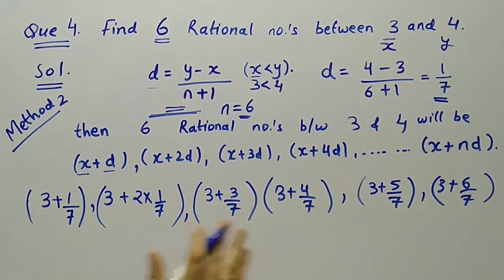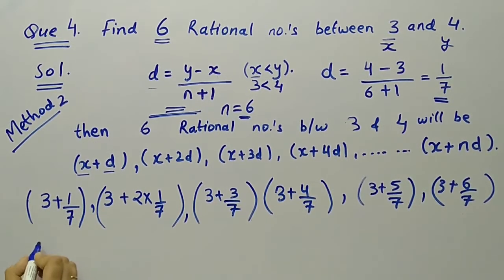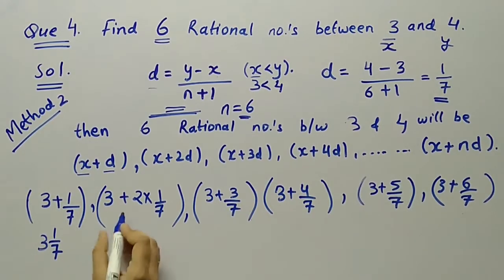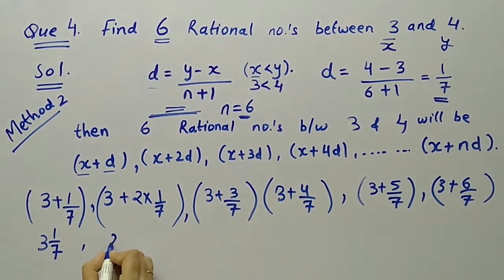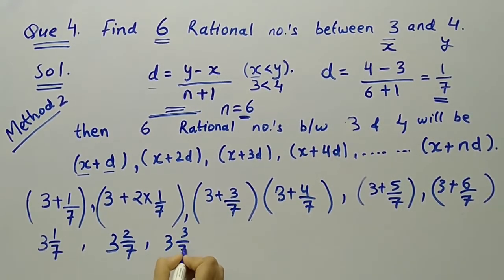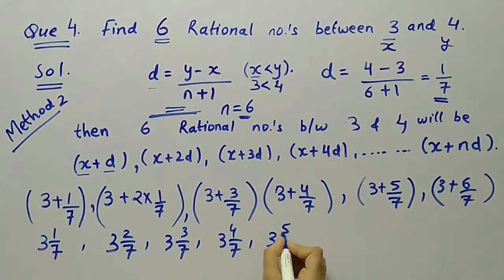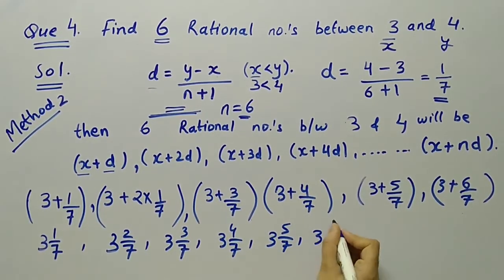So now we will solve. 3 plus 1 by 7 is equal to 3 1 by 7. 3 plus 2 by 7 is equal to 3 2 by 7. 3 3 by 7, 3 4 by 7, 3 5 by 7, 3 6 by 7.